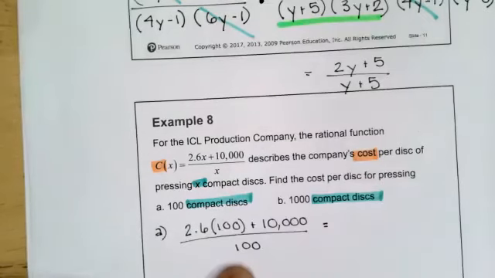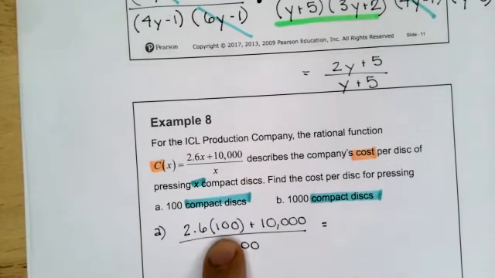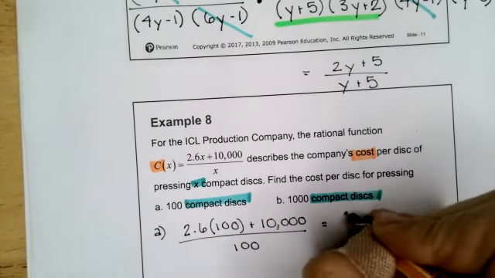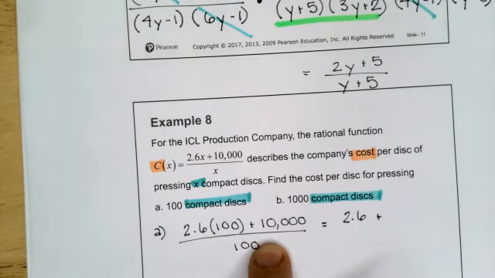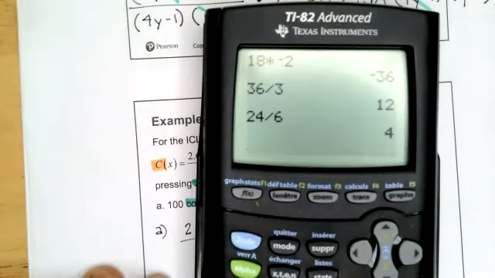Good. And you could divide that out, right? You could cancel that. 2.6 times 100 divided by 100 is just going to be 2.6, right? And then 10,000 divided by 100 is just going to be 100.